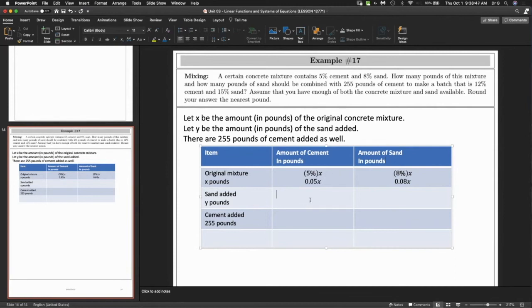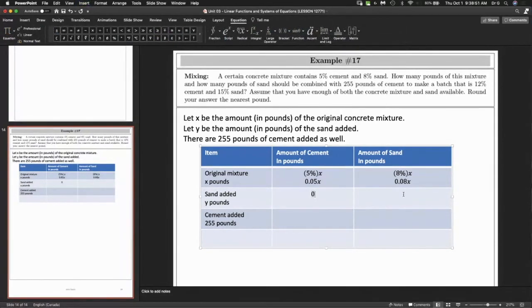Now if you're adding sand, the sand that you add contains no cement in it because you're just plain sand, and Y pounds of sand.